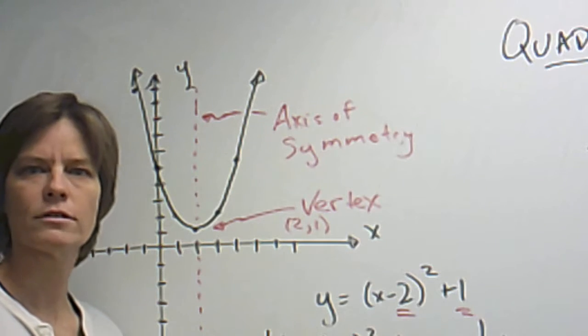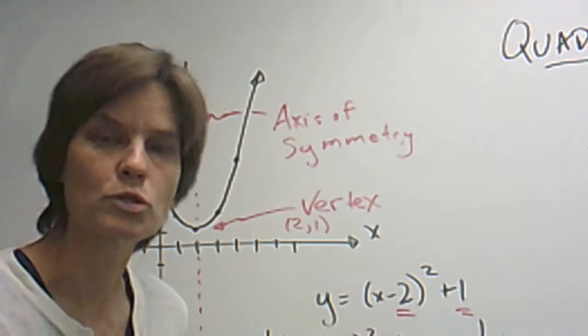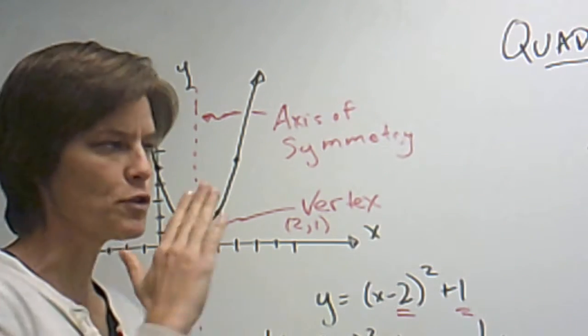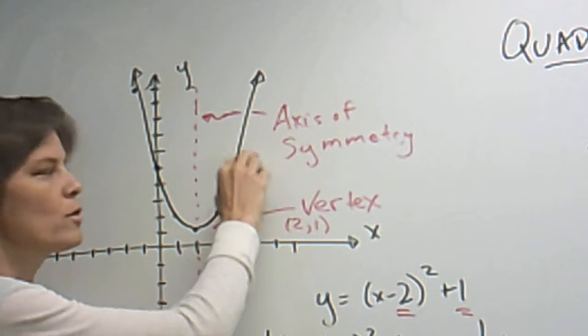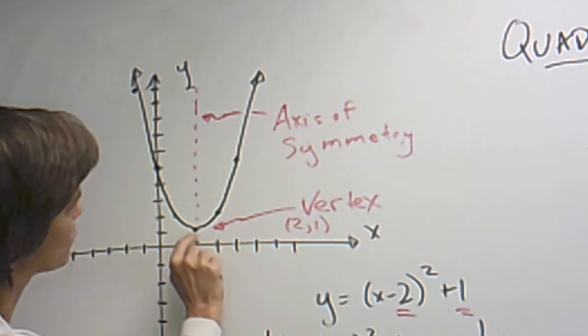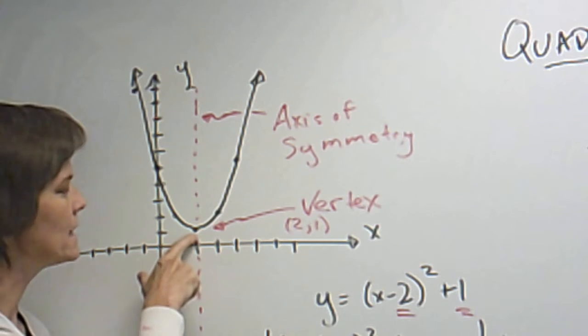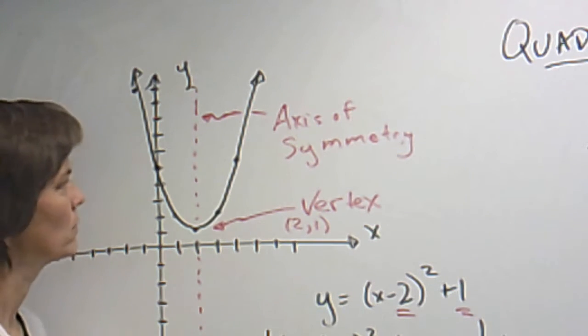This is really important because if you can find the axis of symmetry from an equation, which we're going to talk about in standard form, then you can plug, because what is the axis of symmetry in terms of your values? It is the x value of your vertex, okay?